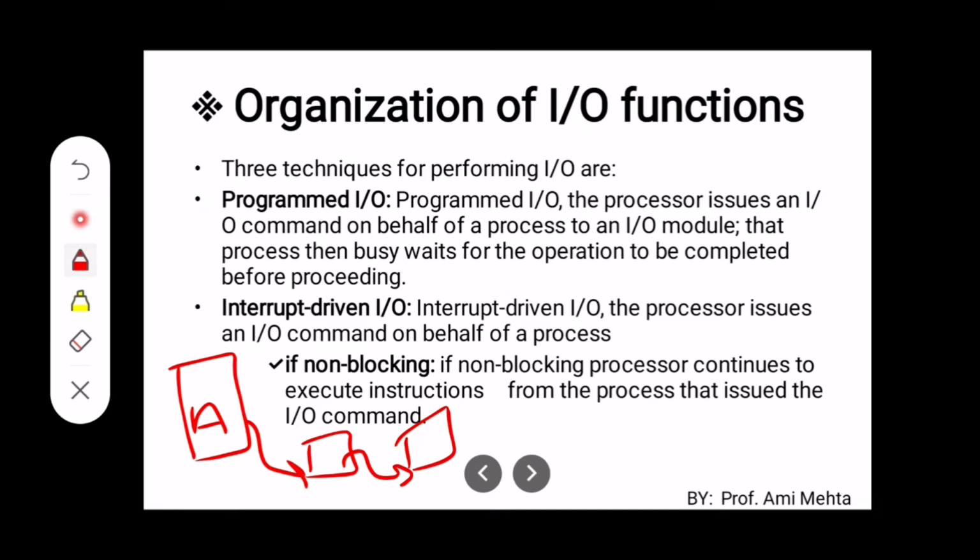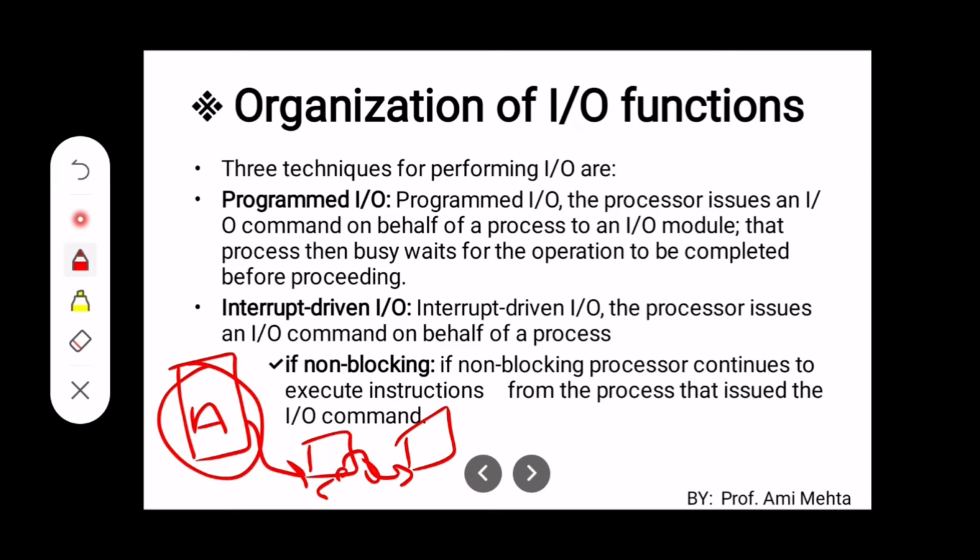On behalf of process A, the CPU issues a request to the IO module. Now this process waits for the completion of the operation, and after the completion of this input output operation, the process is resumed. So this is the programmed IO.